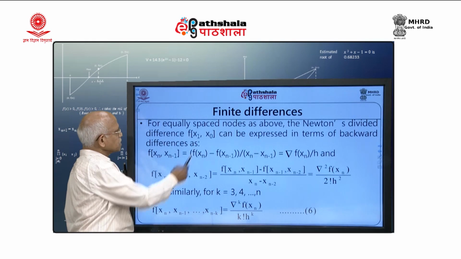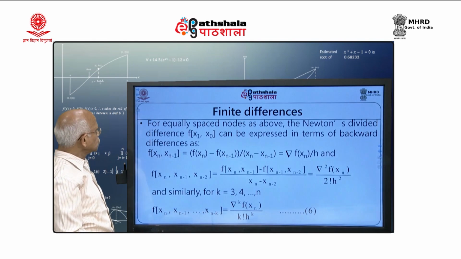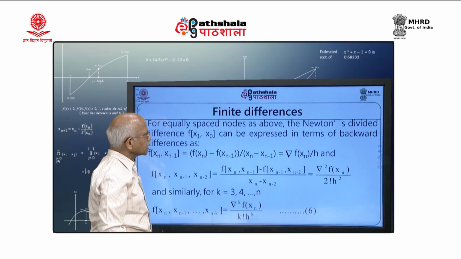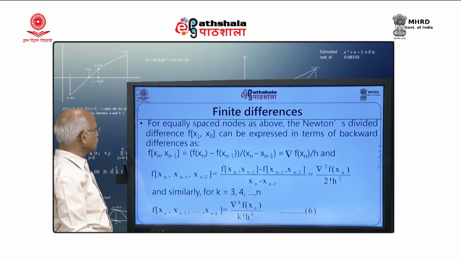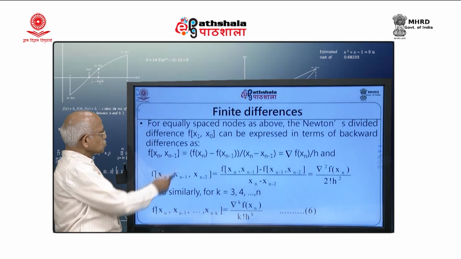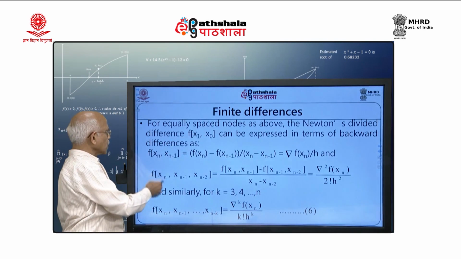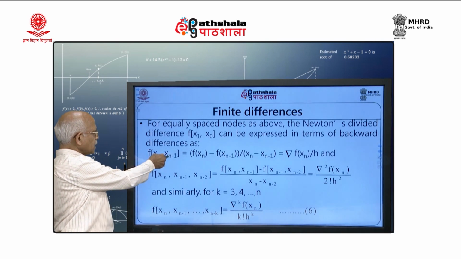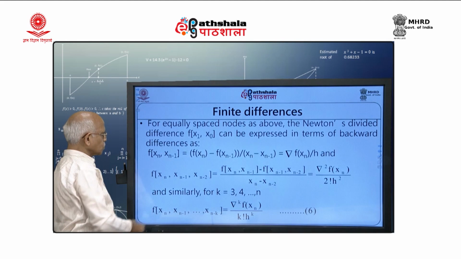So, for equally spaced nodes as above, the Newton's divided difference f[x_1, x_0] can be expressed in terms of backward differences as follows. Instead of starting with x_1 and x_0, because we are going in the backward direction, we start with the last node and the previous node to that.